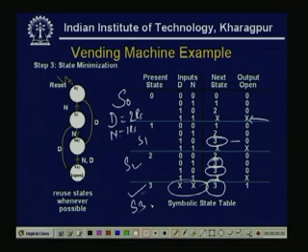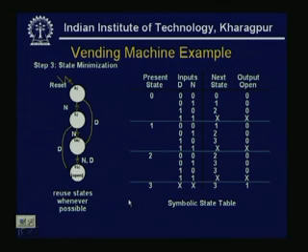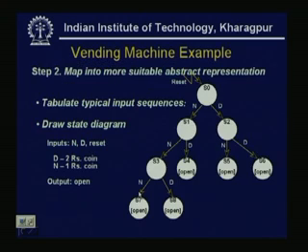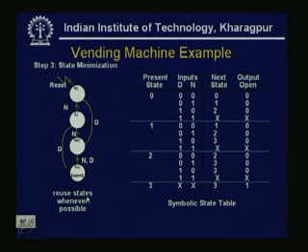Now, again by simple state minimization we can do that. See, earlier initially we have kept 9 states, S0, S1, S2, S3, and these are actually output states. So, now it is minimized.